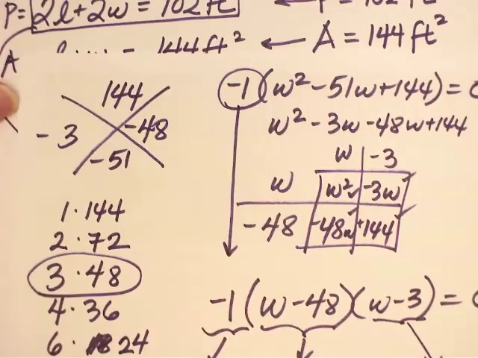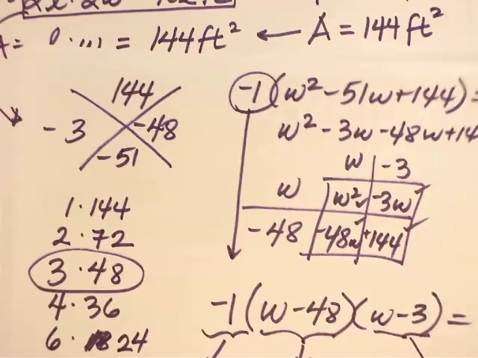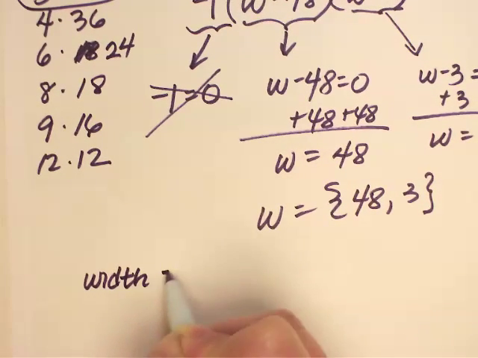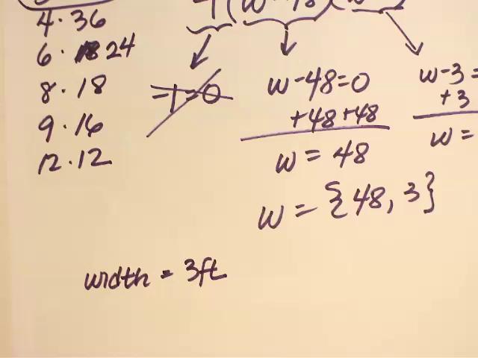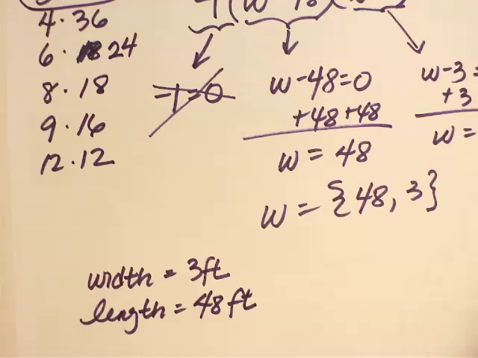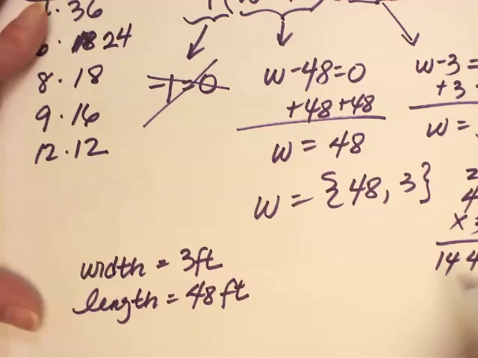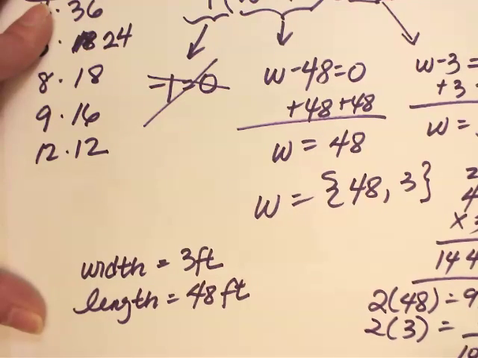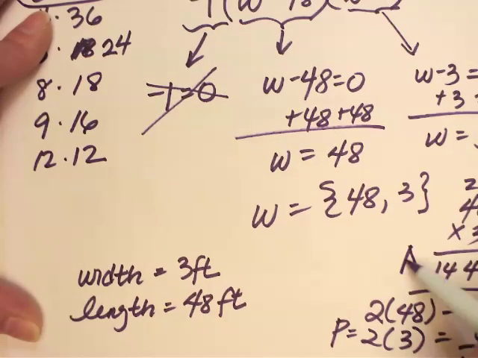If W is my width and it is 3 feet, then my length must be 48 feet, because 48 times 3 does give me 144, and for perimeter, 2 times 48 gives me 96, 2 times 3 gives me 6, and it does add up to 102. So perimeter works and area works.